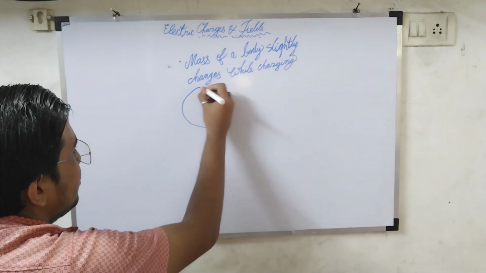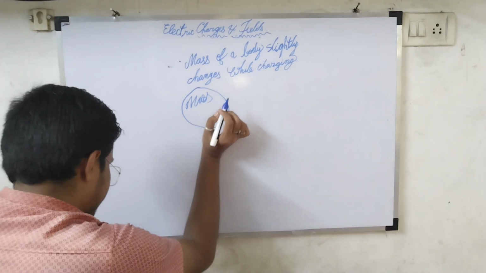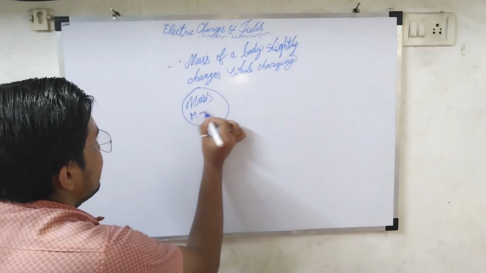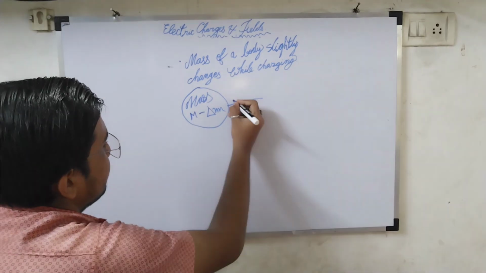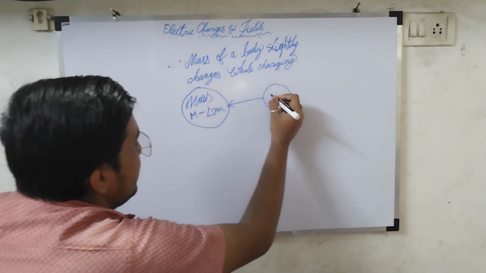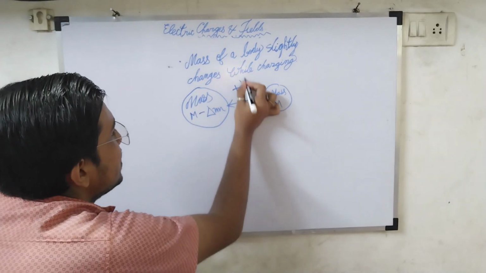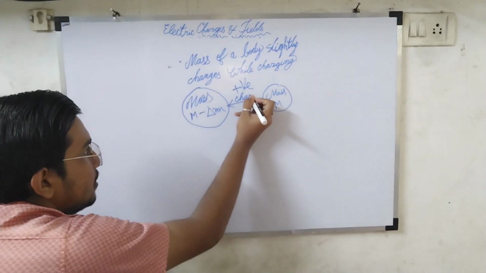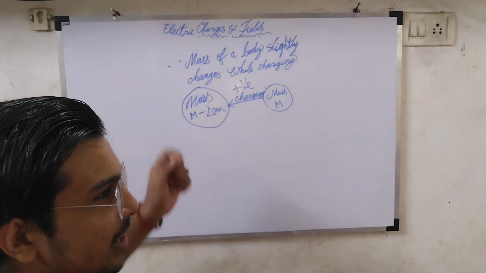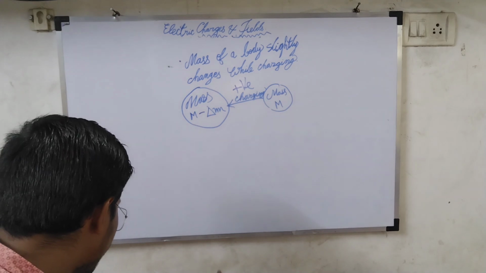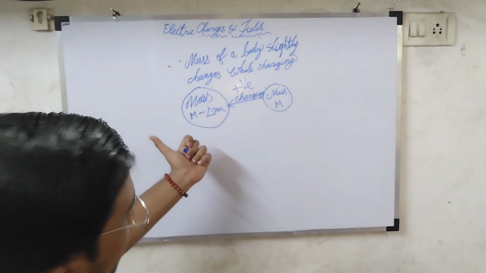See, I'm giving you a trick. You will never forget it, I think. Mass: M minus del M, when? When it is positive charging. We learned beforehand that when some electrons are removed from the atom, it acquires positive charge.